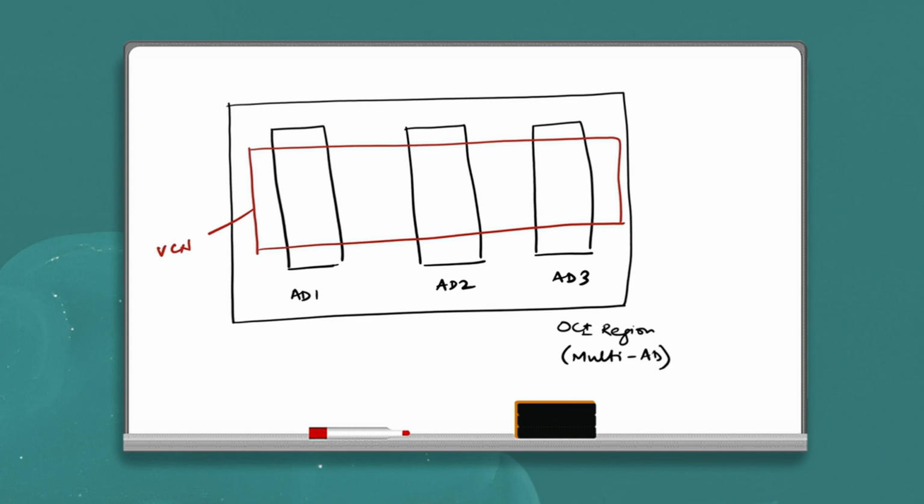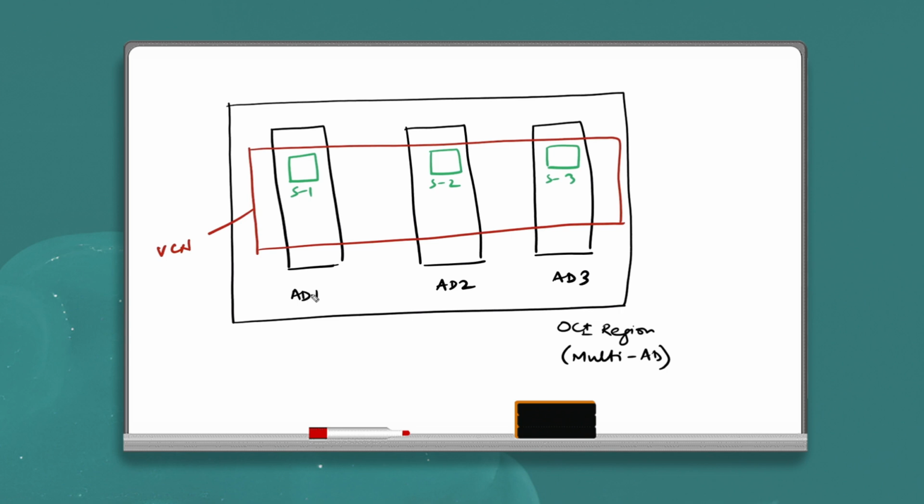In OCI, we know that when we are creating a subnet, we can have 2 types of subnet. The first is AD specific subnet. So subnet 1, subnet 2, subnet 3, and then we can also create a subnet which is known as a regional subnet.